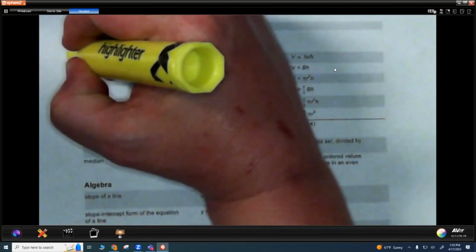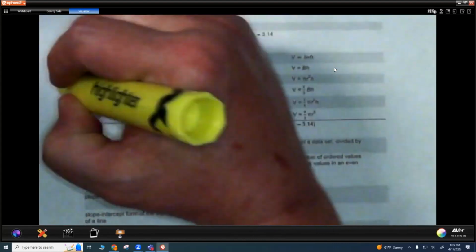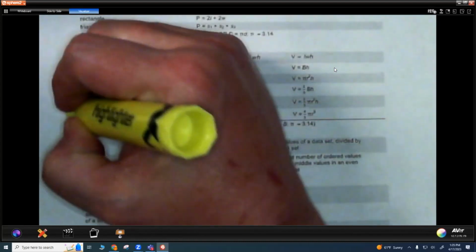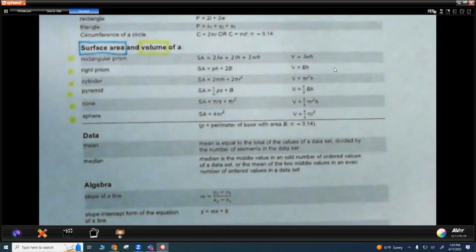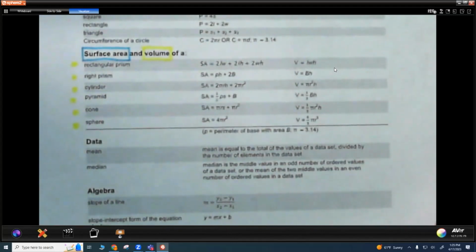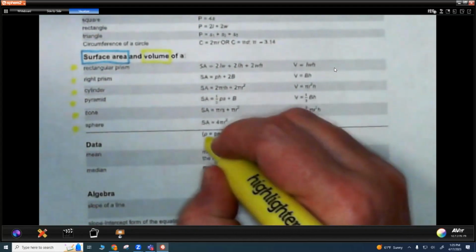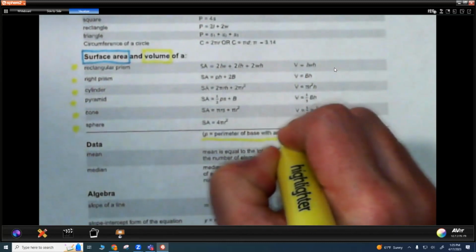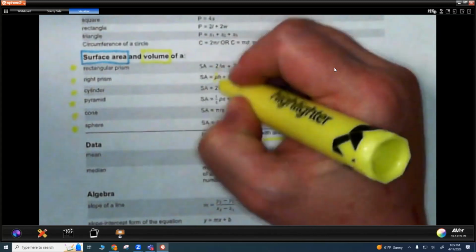So hopefully, based off of our little intro video, these six shapes feel good to everyone. Please do note the small e, like you see in the prism.